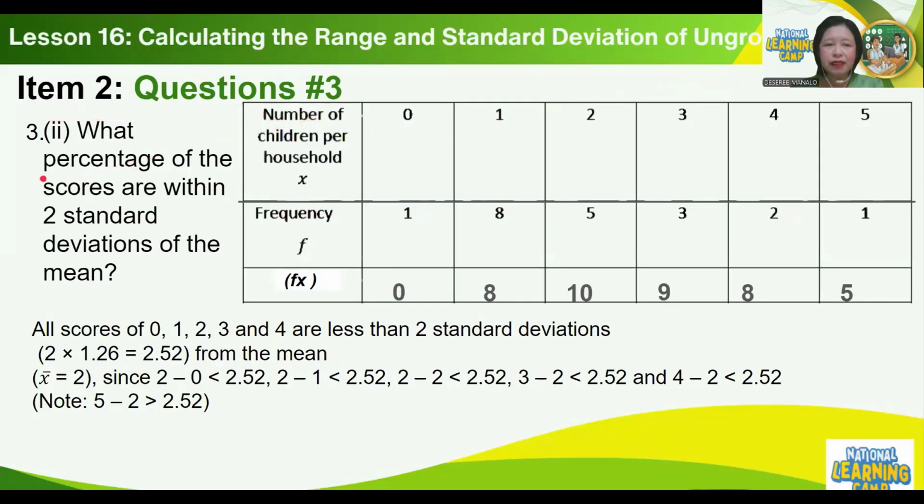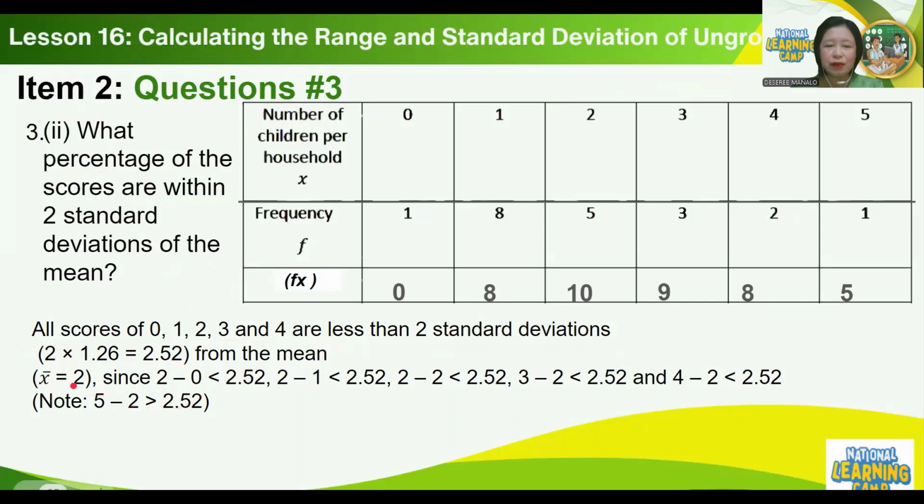For question number 3 part 2, what percentage of the scores are within 2 standard deviations of the mean? All scores of 0, 1, 2, 3, and 4 are less than 2 standard deviations. So 2 times 1.26 is equal to 2.52 from the mean.